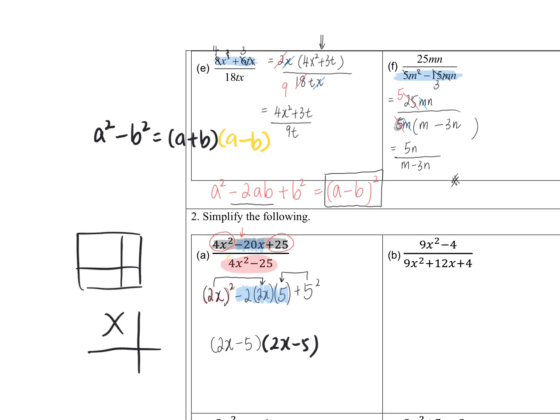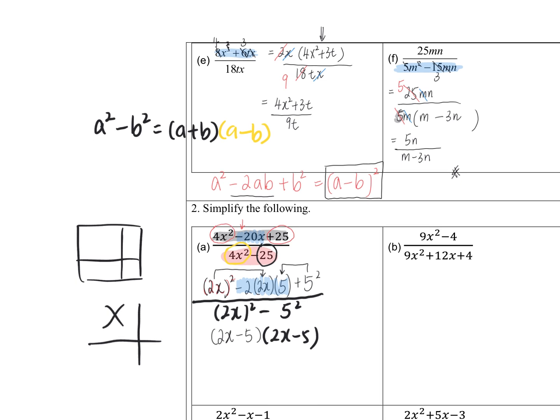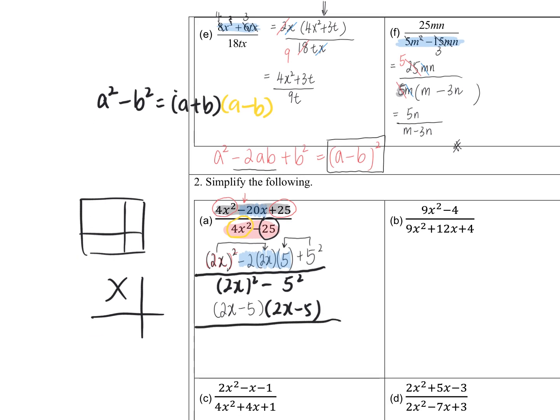So first thing, I need to break this into the squares. So this is 2x squared. This one is 5 squared. So at the denominator, when I factorize, it will become this: (2x plus 5)(2x minus 5).